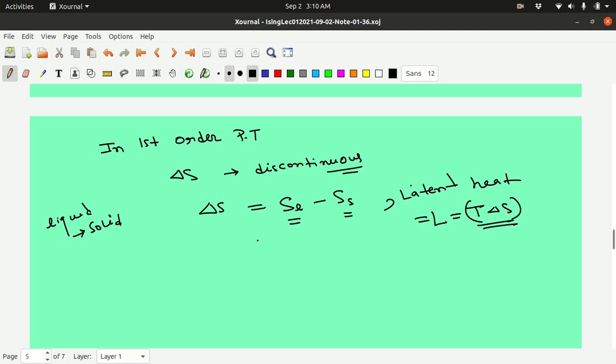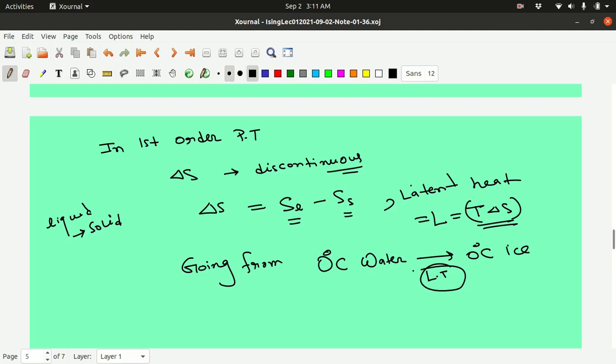So going from 0 degree Celsius water to 0 degree Celsius ice, you need latent heat to be extracted. Similarly, for 100 degree Celsius water to 100 degree Celsius water vapor.